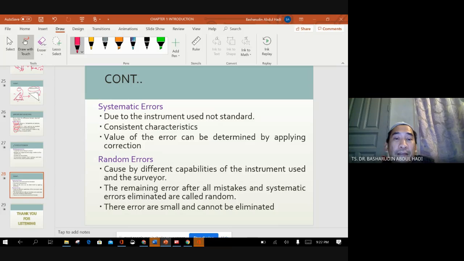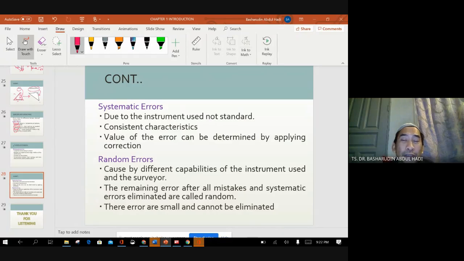errors occur. Consistent characteristics mean that all your equipment must use the same settings. For example, air pressure, and consistency about north direction.